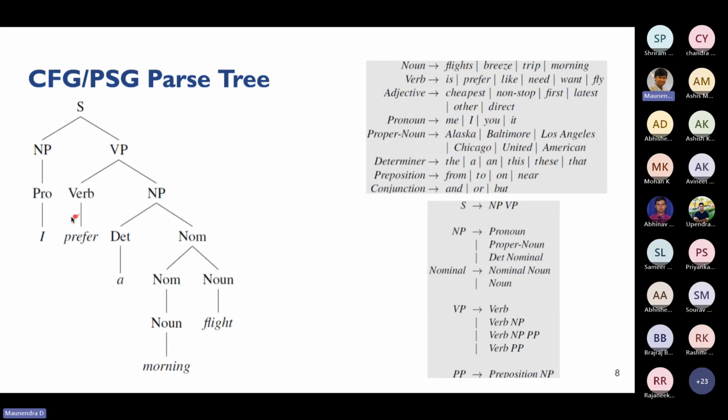Is there some rule that has pronoun followed by prefer? There is no such thing. Then we try to see, for prefer, what is the other alternative? So we see verb, and like that, in a bottom-up manner, it tries to grow the tree and connect these non-terminals to see finally if we are getting S. Again, that is a very tedious process.